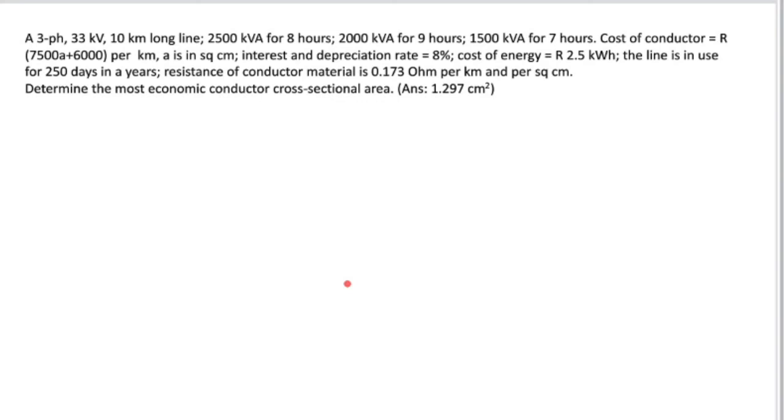Is the cost of interest and depreciation that we're calculating in the first step.